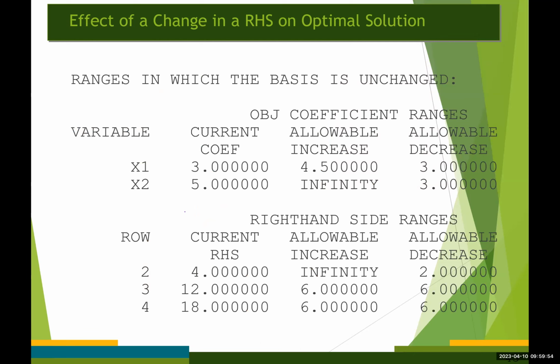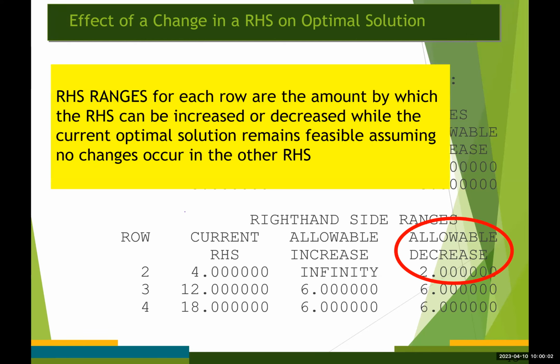In the Lingo output, the right-hand side ranges for each row are the amount by which the right-hand side value can be changed while the current optimal solution remains feasible. In other words, within these ranges, we still have the same set of binding constraints.